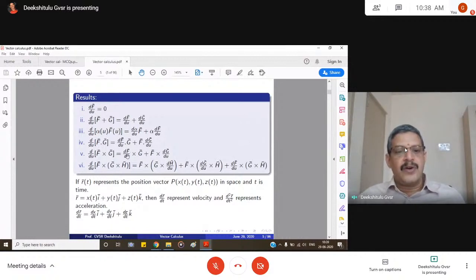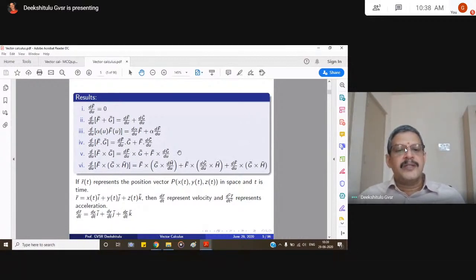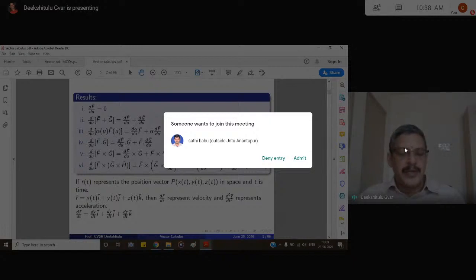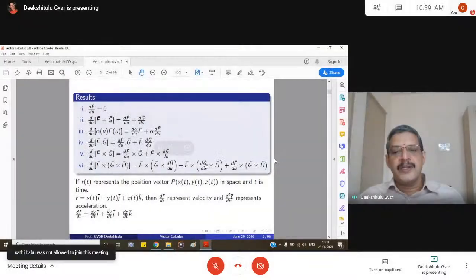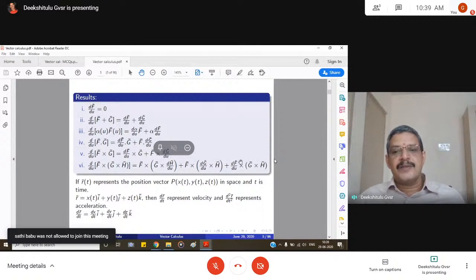Because if you change the order in a cross product, there will be a change of sign. We know that a cross b is equal to minus b cross a. Then d by du of f cross g cross h is equal to f cross g cross dh by du plus f cross dg by du cross h plus df by du cross g cross h. Similar thing: f, g, h, the same order should be maintained throughout.